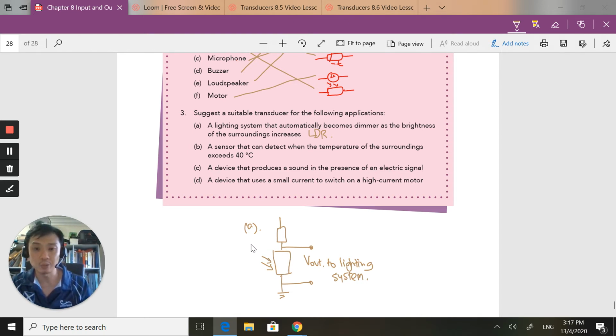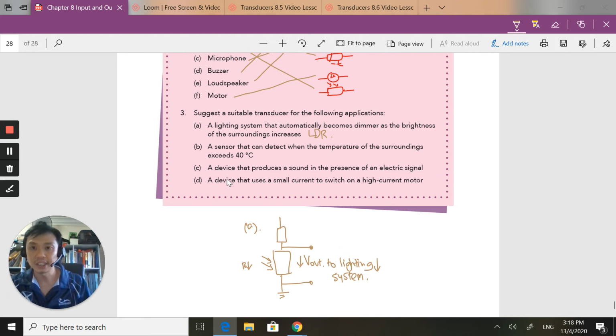When the light falling on the LDR increases, the resistance will decrease. And when the resistance decreases, your Vout will decrease. If I hook my Vout signal to some sort of lighting system, a lower signal would lower your lighting system.